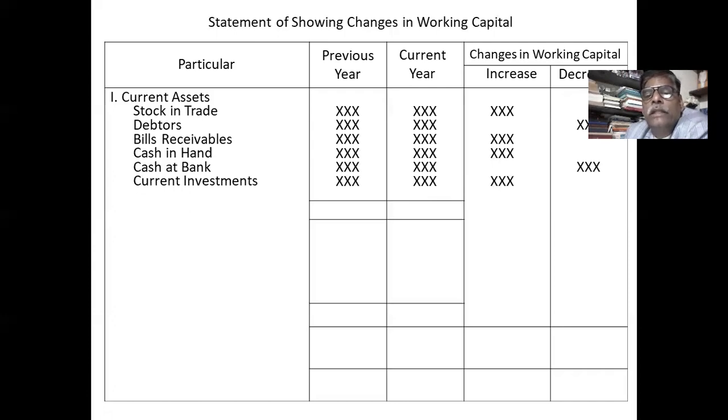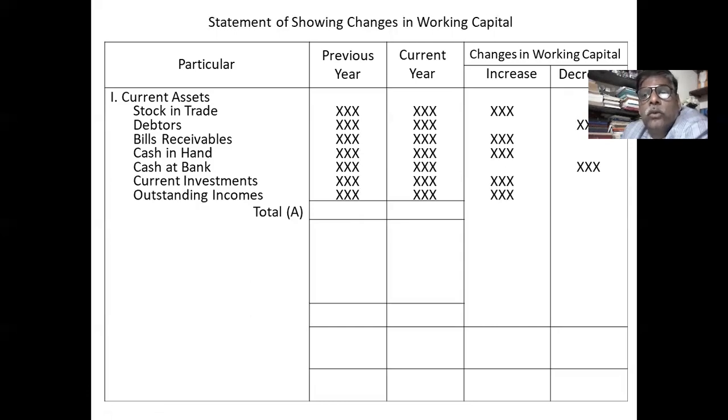Next is outstanding incomes, current year and previous year. Write the amounts, take the change. Like this you take all the current assets. In the current assets, I think four items come. One is current investments.